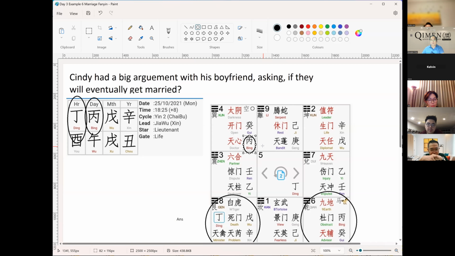Cindy, there's a horse means somebody who is not very stable. Technically, she's not a very stable person. Horse shaky, you ride on the horse, it always shakes, right? So it's like a shaky person. And if I look at box number 8, it is an earth. How do I know it's earth? Because this girl is a brown color. This is earth.